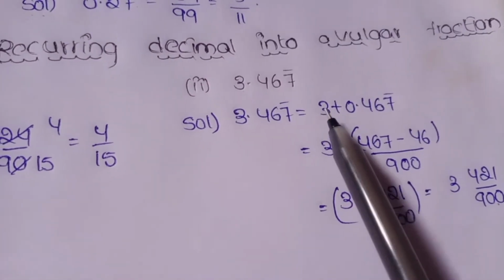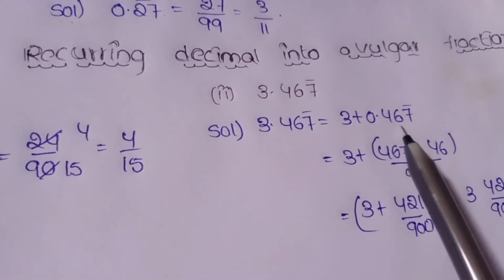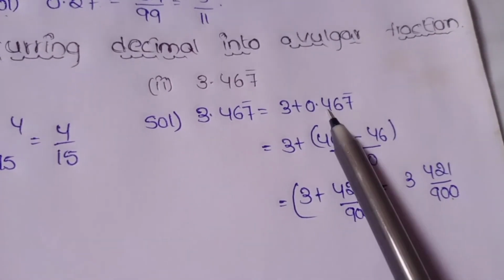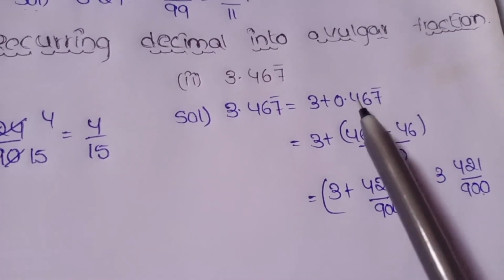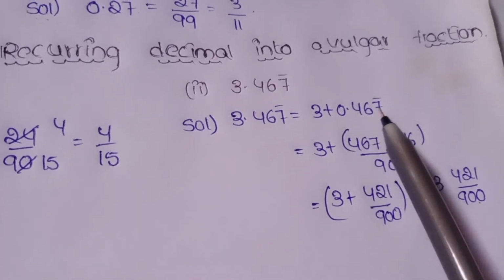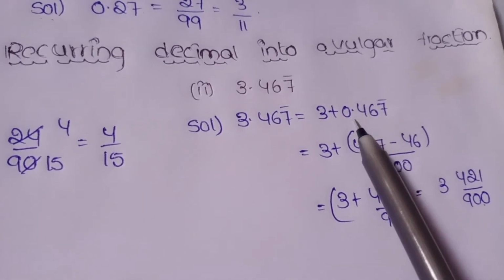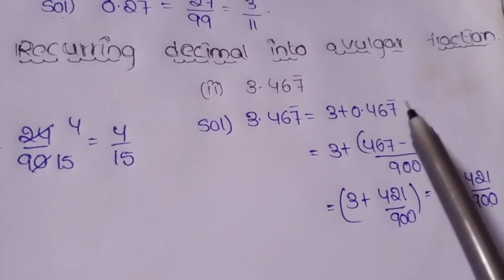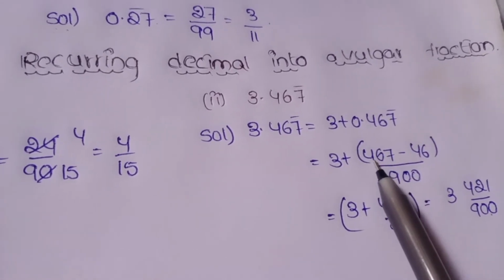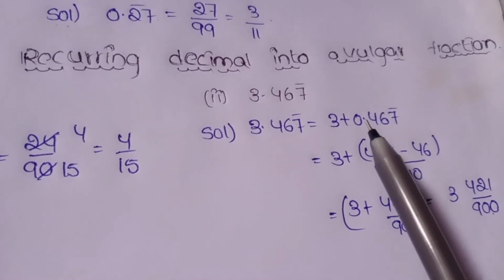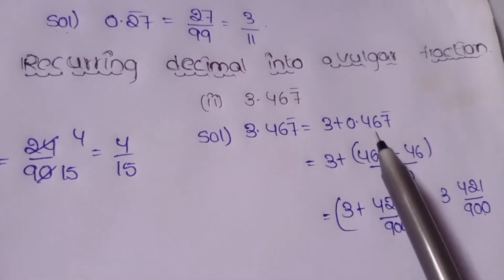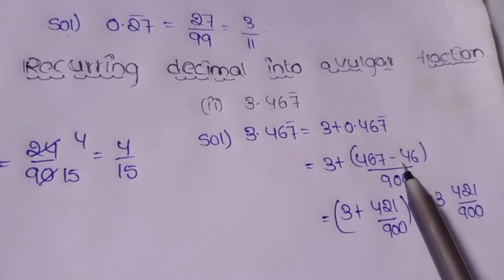So first I separate 3 plus 0.467 bar. 3 as usual, 3 plus, now we have to apply our trick. 0.467 bar. First you have to write the digits after the decimal point. How many digits here? 3 digits. The 3 digits are written here, and this value is subtracted by the non-recurring digits.